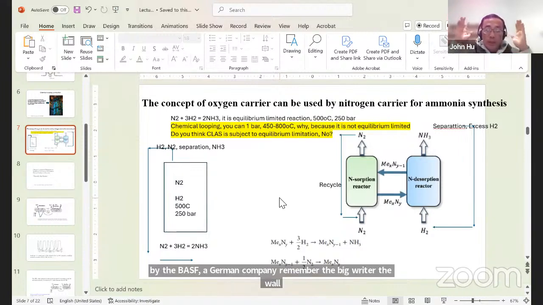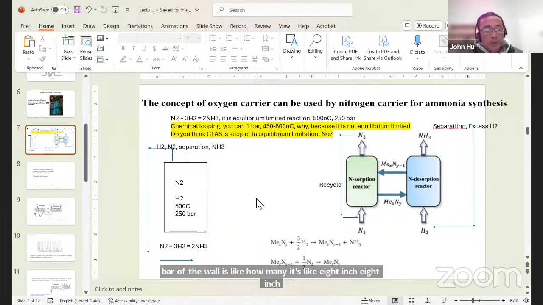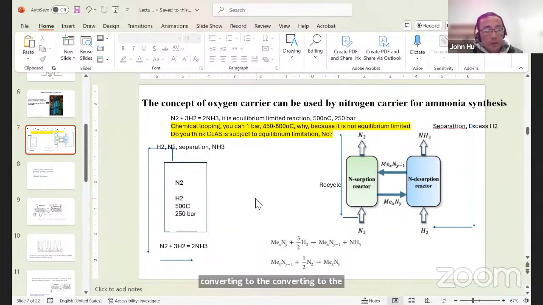The wall is like 8 inch, converting to centimeters, probably 20 to 25 centimeters. In order to make ammonia, the Haber-Bosch reactor at 250 bar, the reactor wall needs to be 20 to 25 centimeters. But here, ambient pressure.